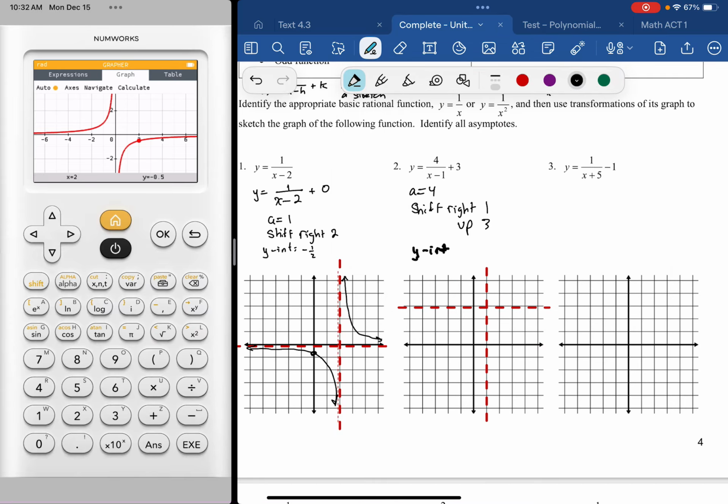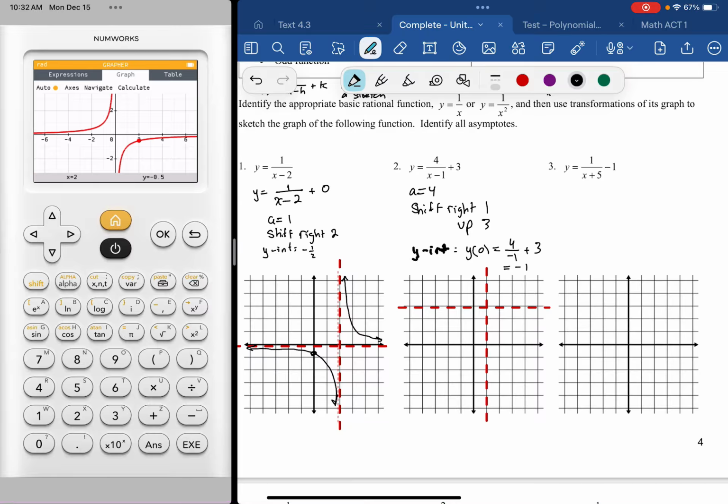So I get my y-intercept, which is just going to be, if I replace all of my x's with a 0, 4 over -1 plus 3. So -4 plus 3 is going to be -1. And if you're not sure, just pop it in.